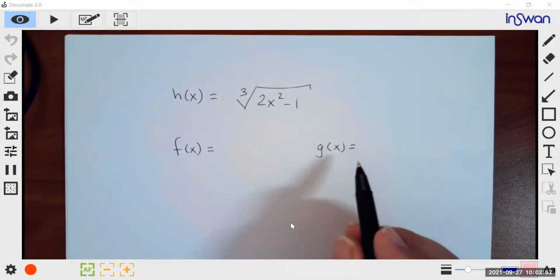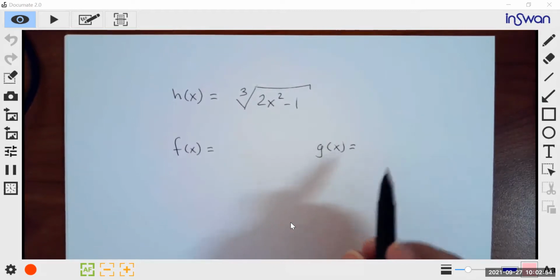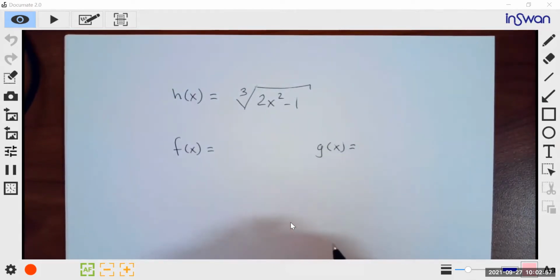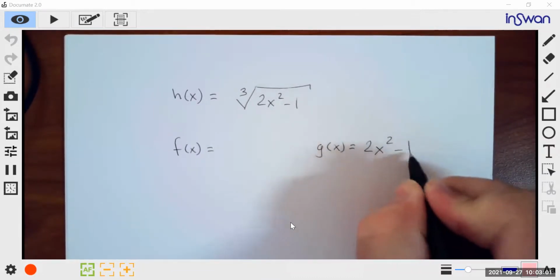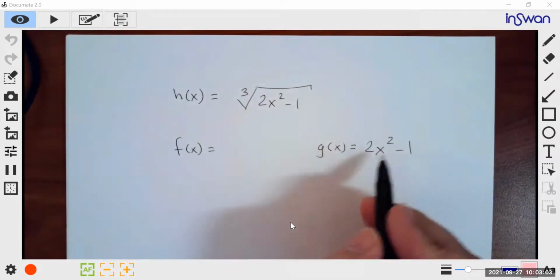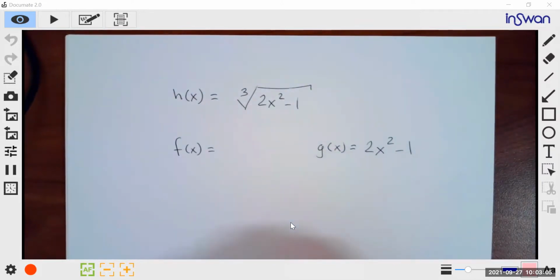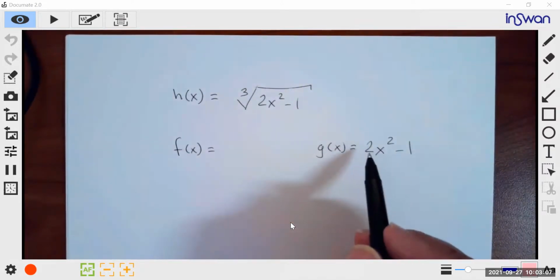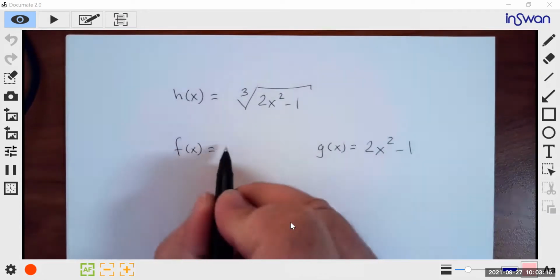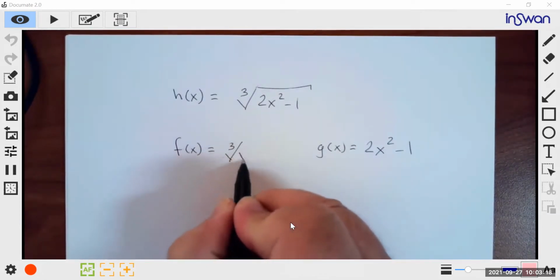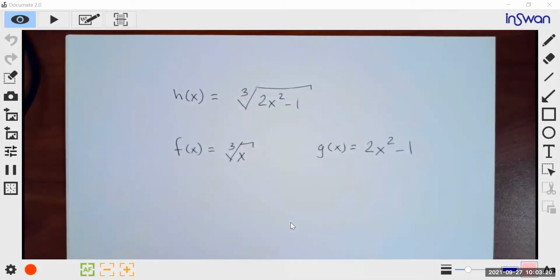Let's make g of x the innermost, the basic function. What's the basic function? It's a quadratic equation. So what is the outer function? Cube root of x.